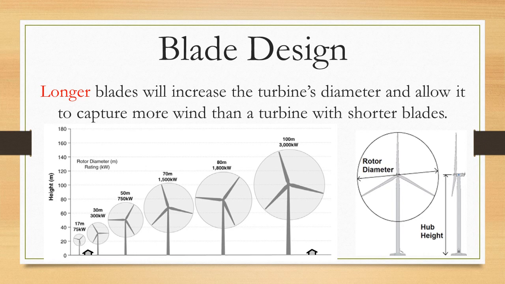And you see how the kilowatts, the energy or the electricity being generated, increases from 75 to 300, 750, 1,500, 1,800, 3,000 kilowatts at the end with a 100-meter diameter blade.